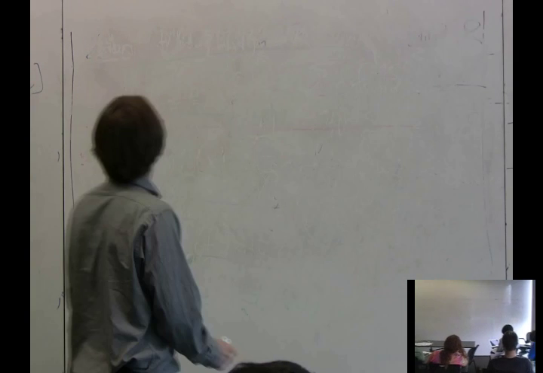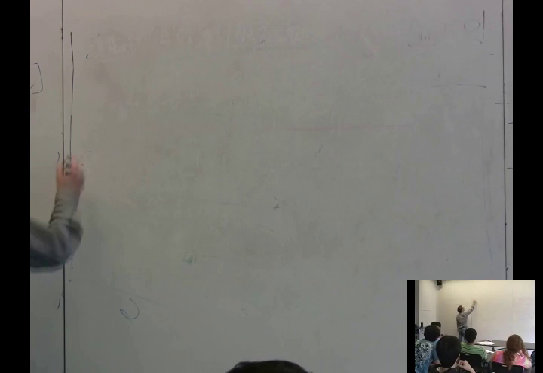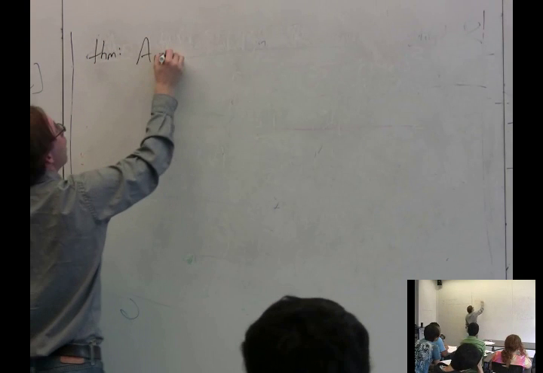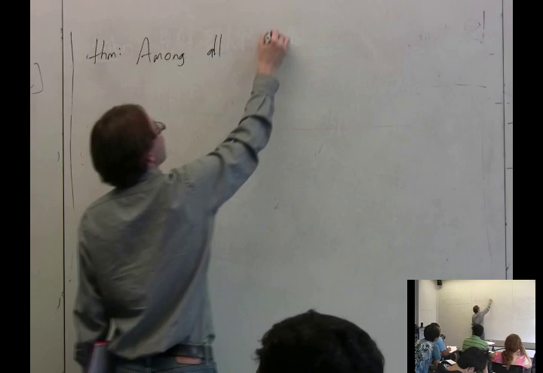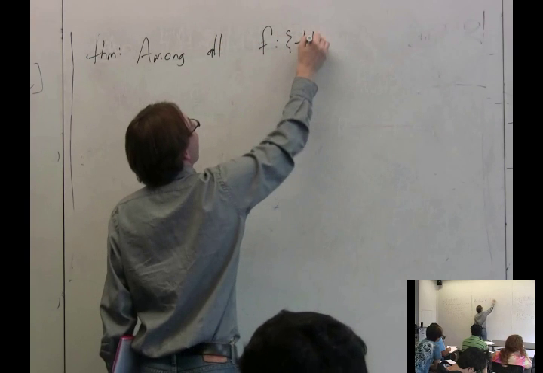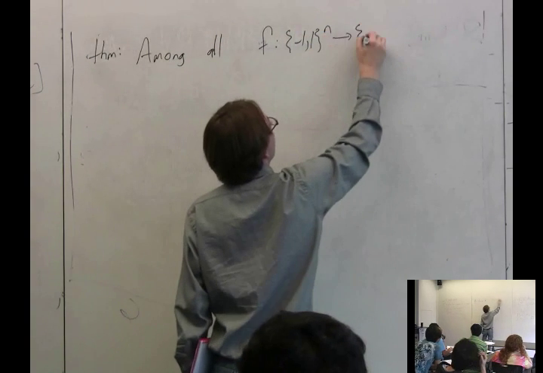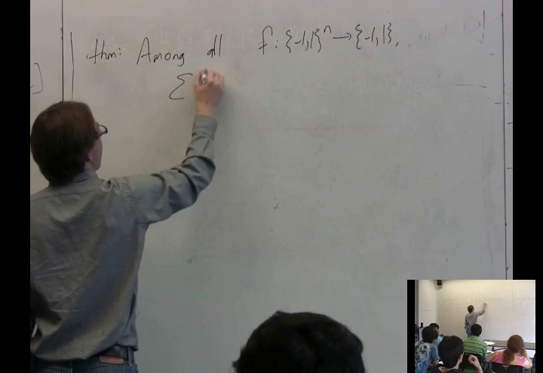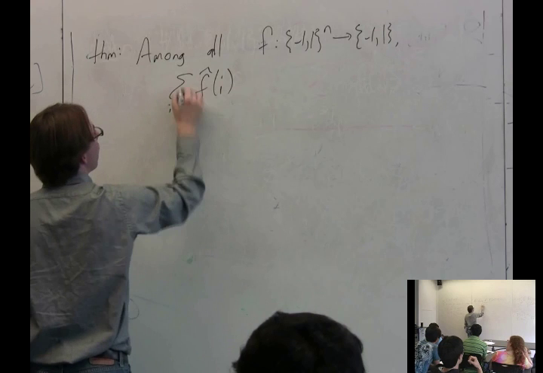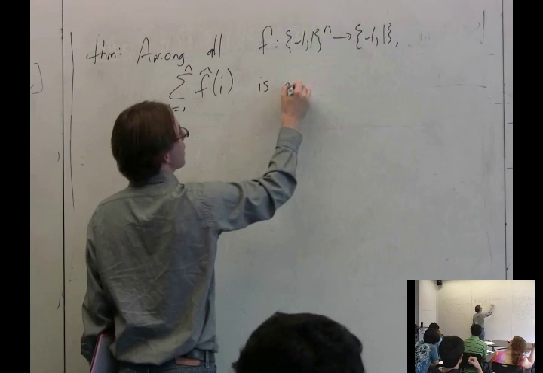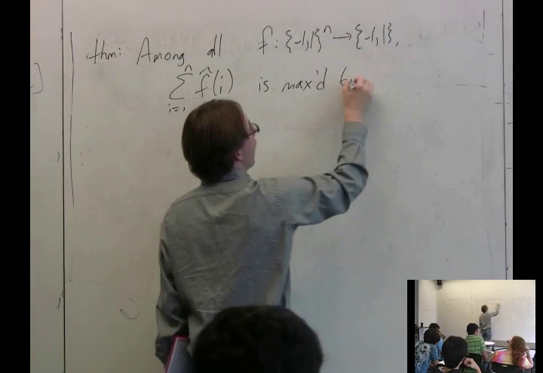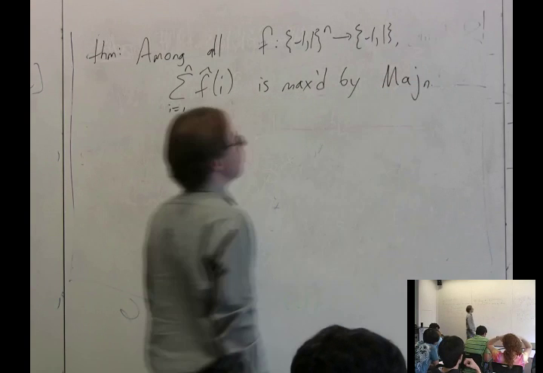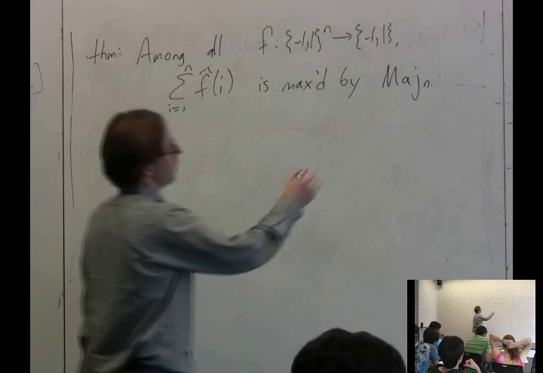Okay, and in the last minute, I'll do that. So here's a theorem. Among all functions or voting rules, the sum of f hat i, 1 to n, is maximized by our old friend, the majority function on n voters. Okay, this is if n is odd.